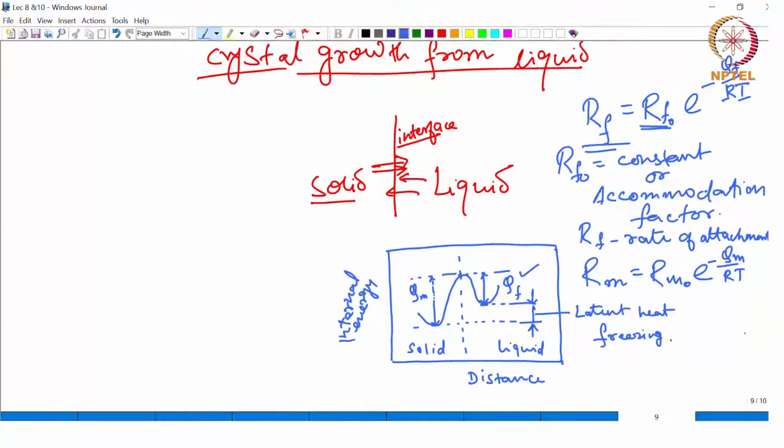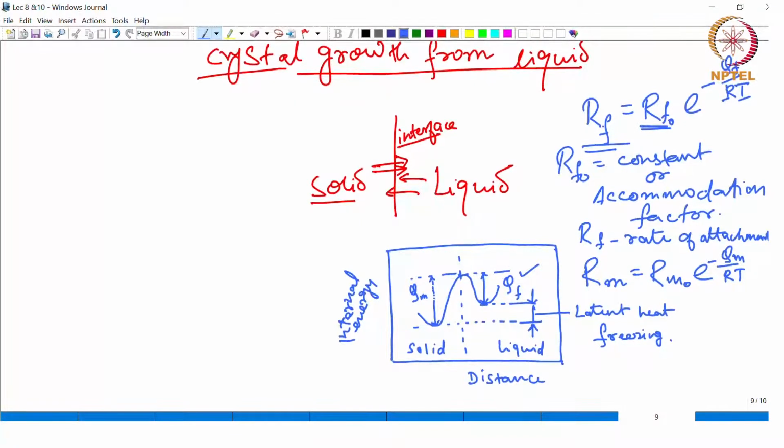Right. So, once this activation barrier is overcome, more and more atoms will attach to the solid. So, this rate of attachment that you see over here is going to increase as more and more atoms attach to the solid and it grows.